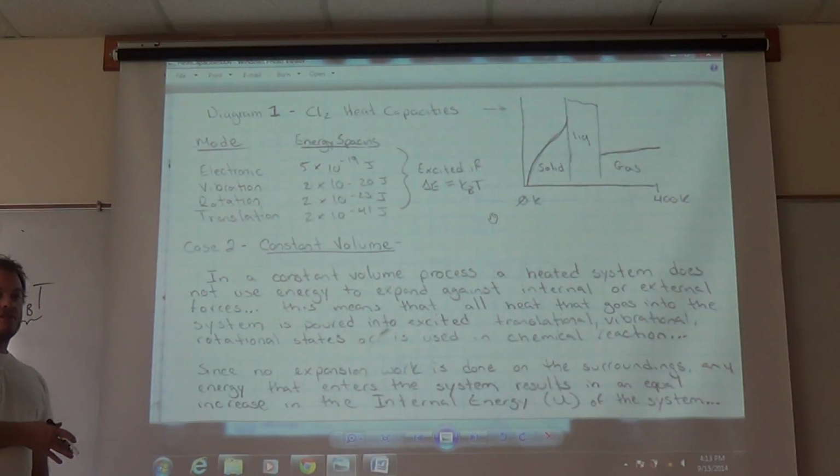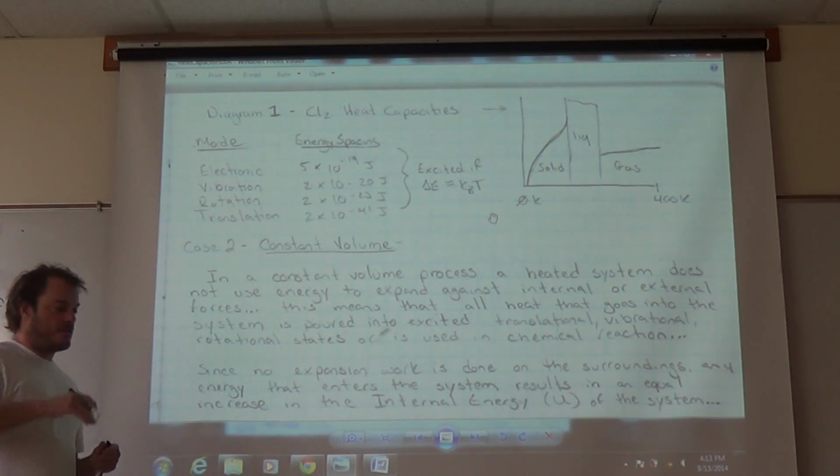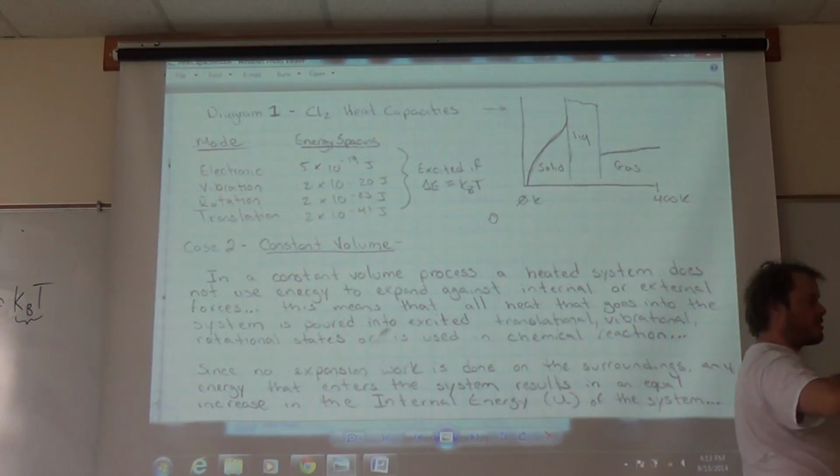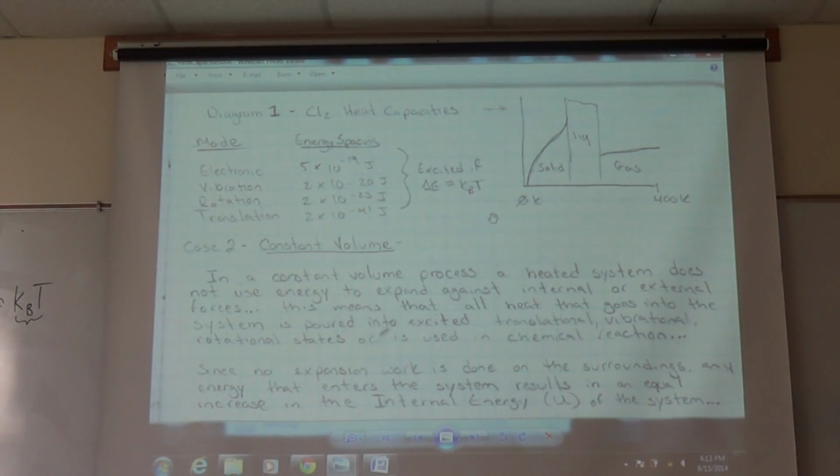Now this isn't to suggest that we drop in energy when we go from liquid to gas. We know very well that when we move from liquid to gas, we're going to higher energy. The question isn't how much total energy the system is holding. The question is how much energy it can store from that point forward, in whatever modes it has.